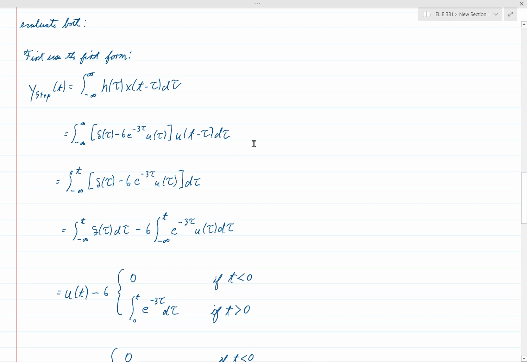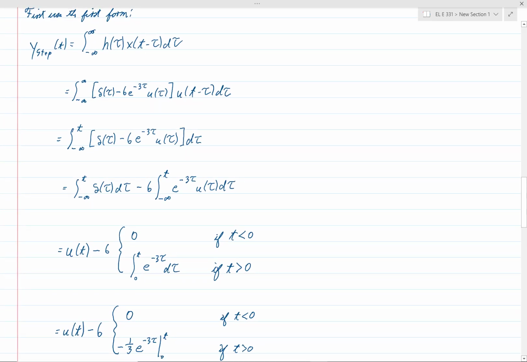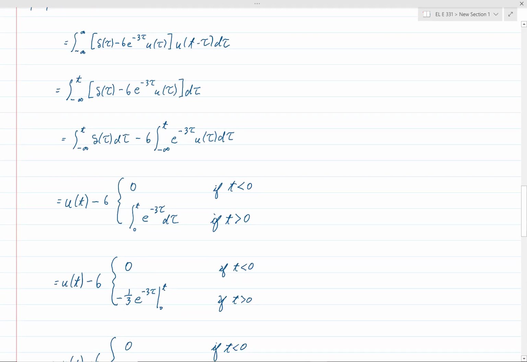Now, at this point, I suggest you pay really careful attention to the steps involved in evaluating this integral. The first thing I'll do is look at the upper limit on the integral. Just look at this u of t minus tau that's sitting out here multiplying all of this. You should think of t for the moment as being fixed.